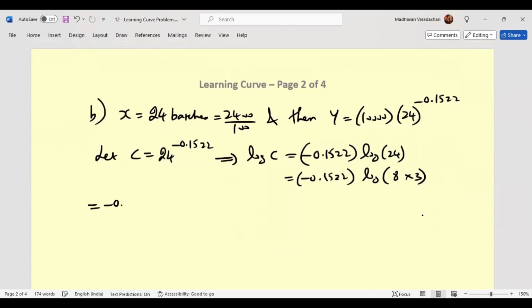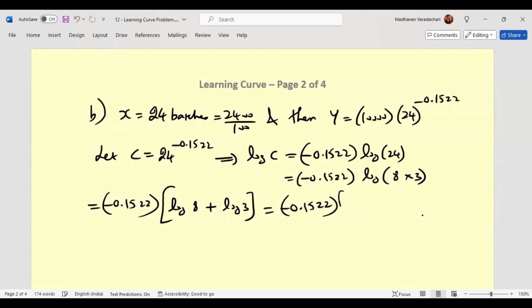So we will write it as logarithm of 8 plus logarithm of 3, which is negative 0.1522 multiplied by, log 8 is nothing but 2 cube, so I can write it as 3 log 2 plus log 3, which is 0.4771.